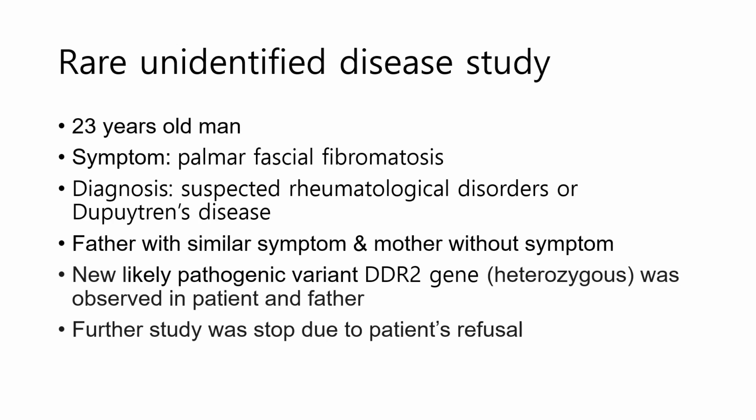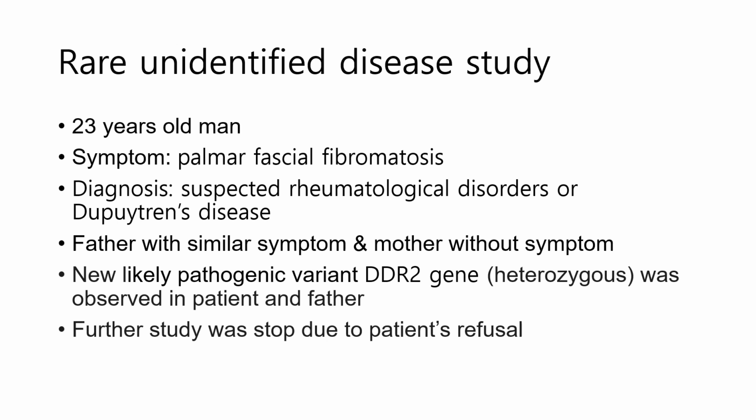Another case was a 23-year-old man. He came to the clinic with palmar facial fibromatosis. The initial diagnosis was suspected rheumatological disorders or different diseases. His father has similar symptoms, and his mother has no symptoms.